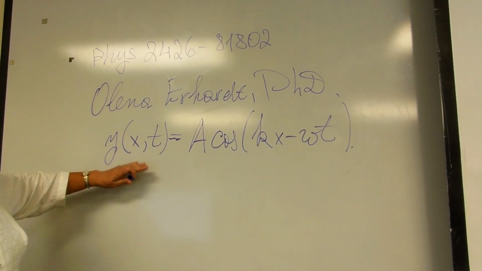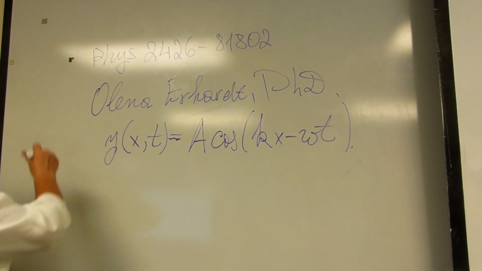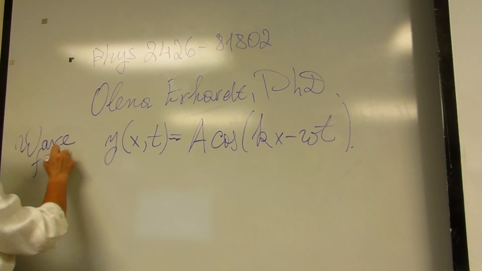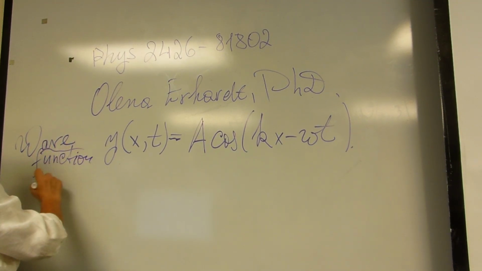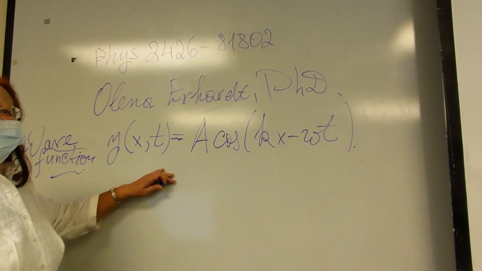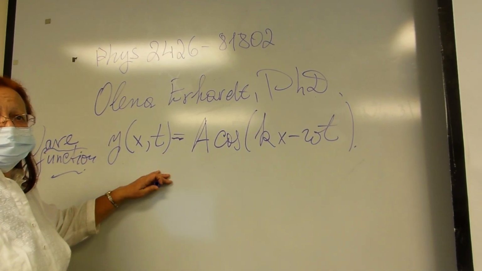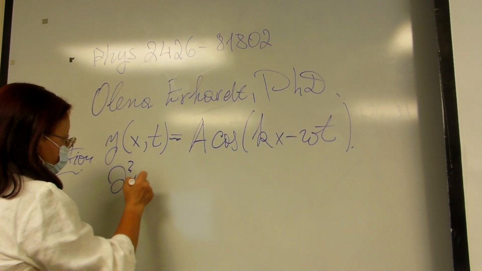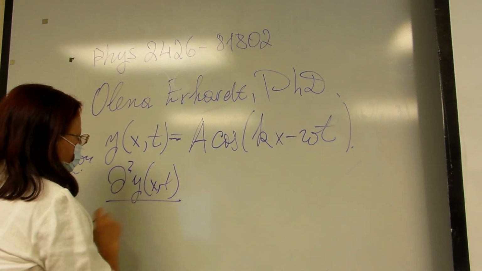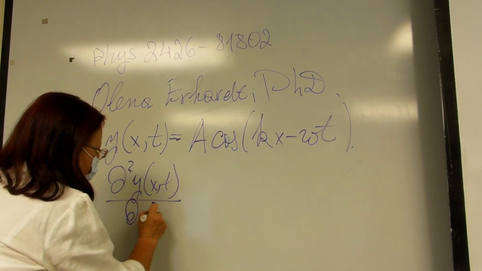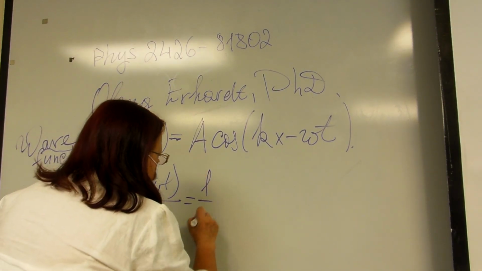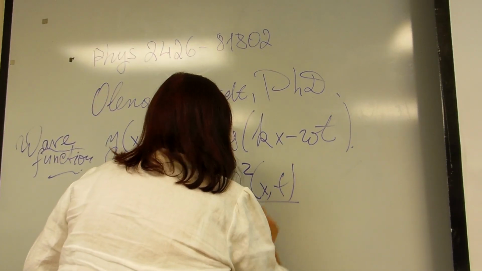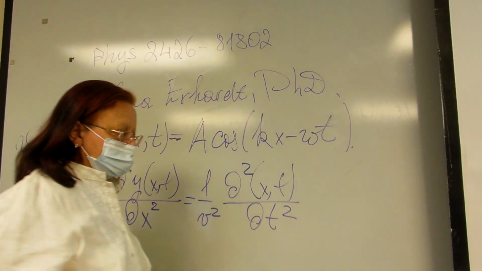Basically it is called a wave function. And that satisfies the so-called wave equation, which is the second derivative of that particular function over x twice equals 1 over v squared times the second derivative of y of x, t over dt squared.